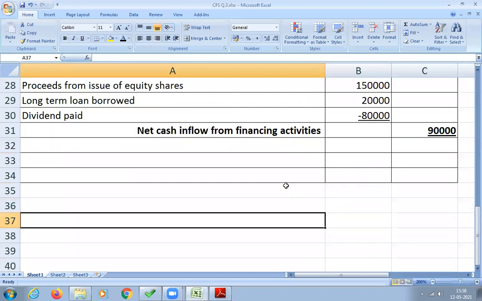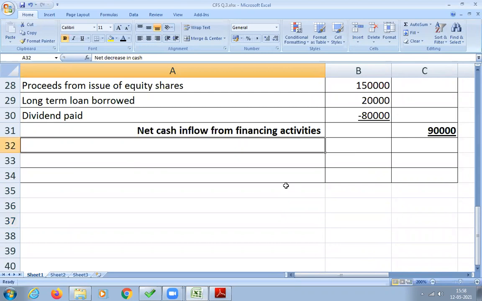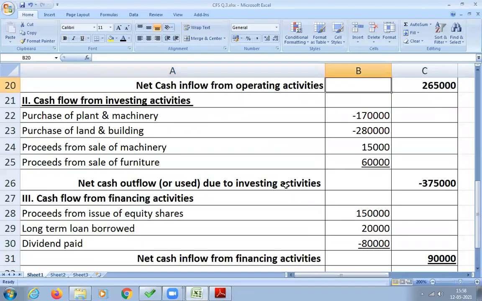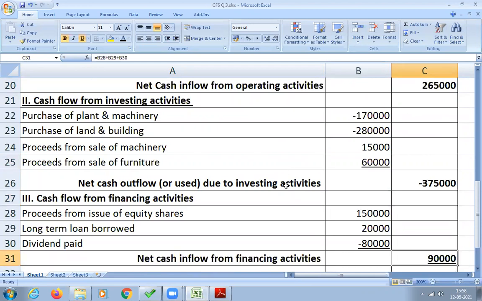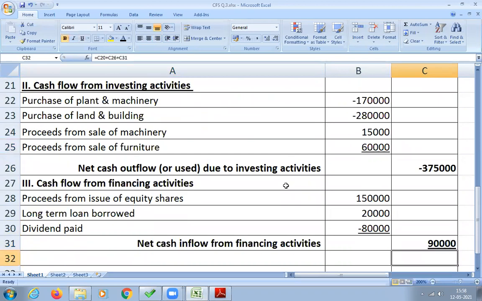So what is the next step? Now you add all the three activities and calculate whether there is a net increase or decrease in cash flow. One is 2,55,000 operating activity, financing activity minus 3,75,000, investing activity plus 90,000. Add all: minus 20,000. So there is a decrease in cash, 20,000.